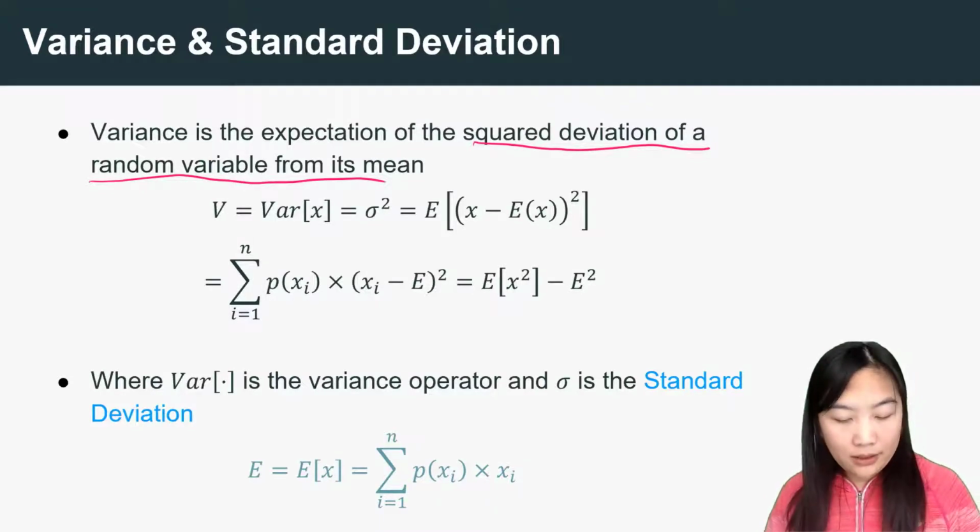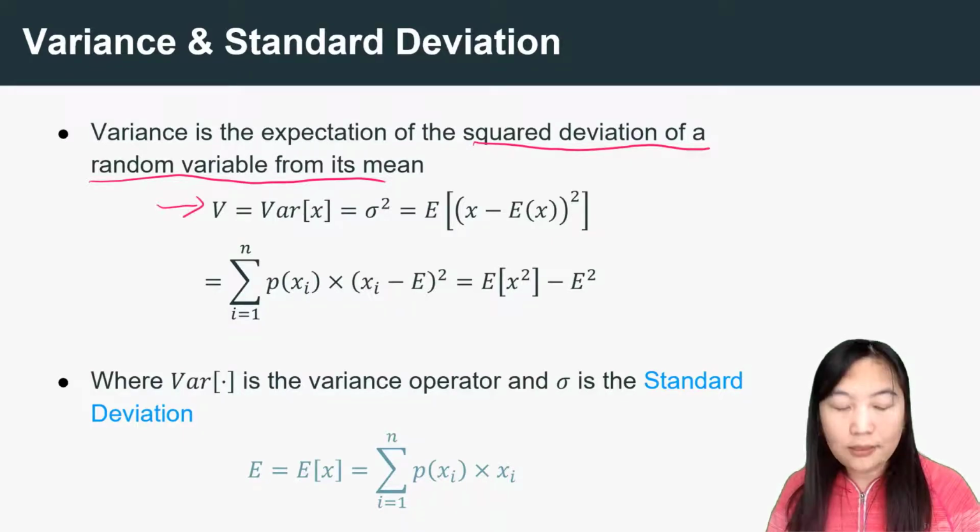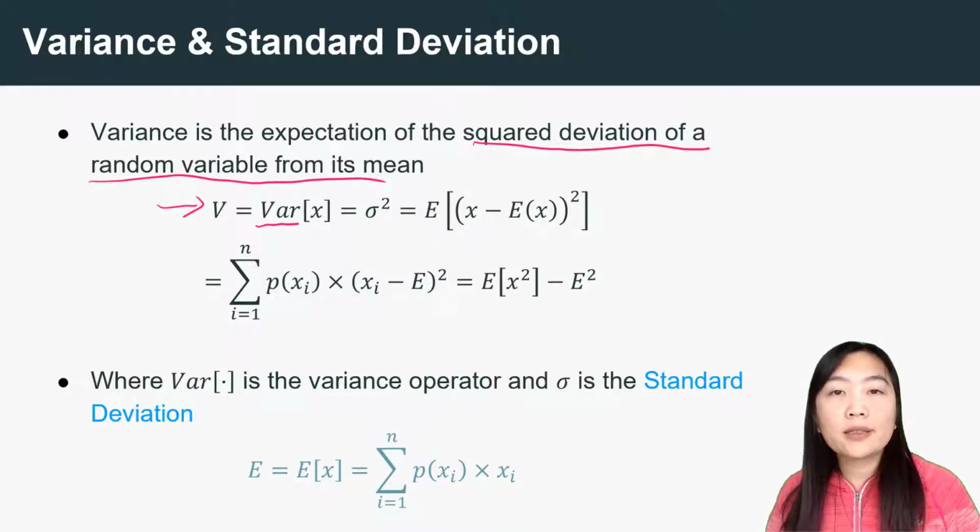Let's look at the mathematical expression here. VAR is variance, and X is a random variable. When we say random variable, it means that the variable can take a lot of different values. For each realization we use xi, and each realization is associated with a different probability.